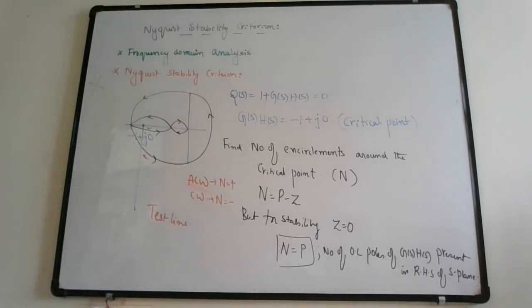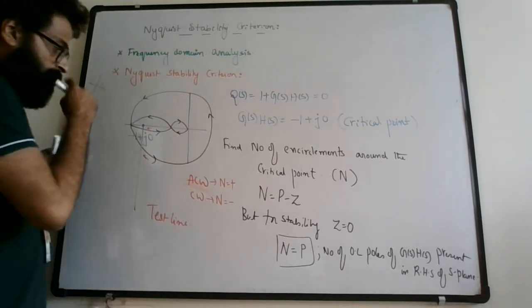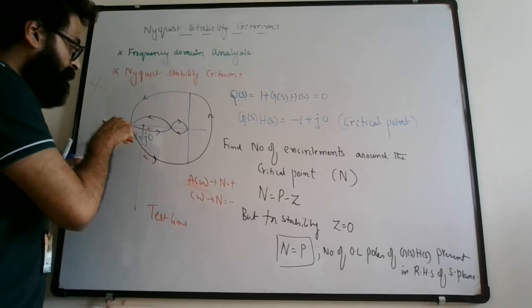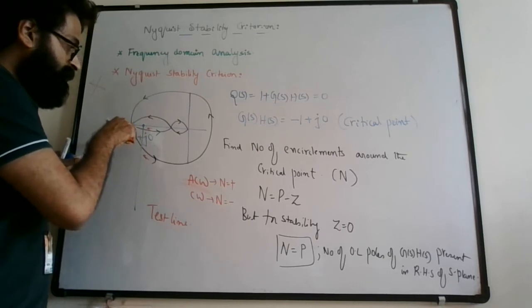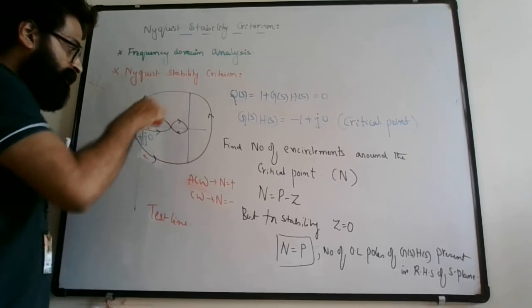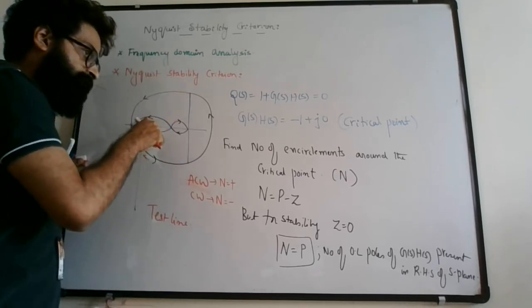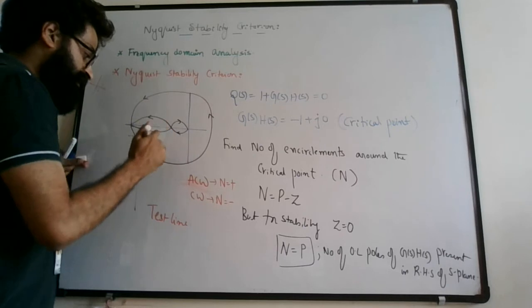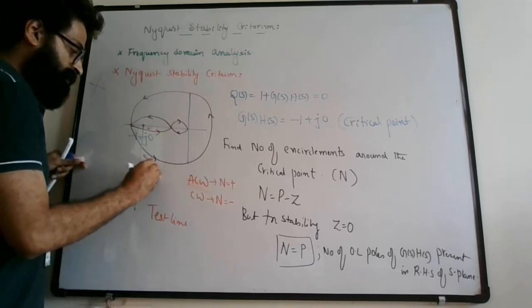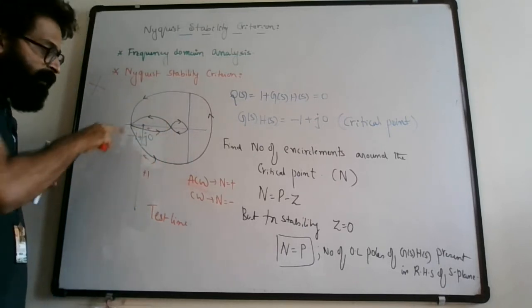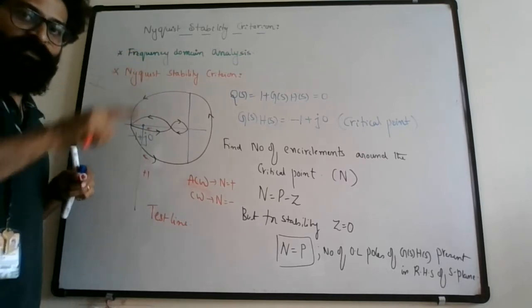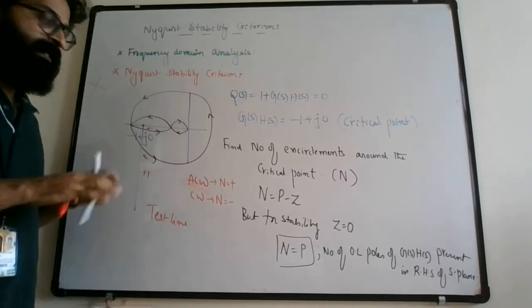Just to give the direction, clockwise sense is negative and anti-clockwise sense is positive. You can see that the curve is moving from bottom to top, so this is an anti-clockwise sense. So you can write +1, because one anti-clockwise cutting is happening.